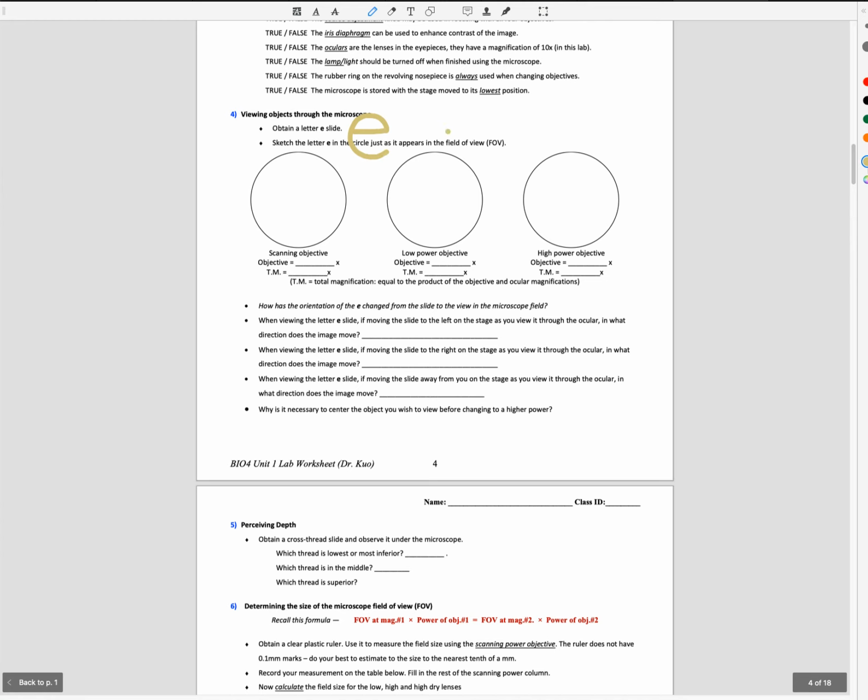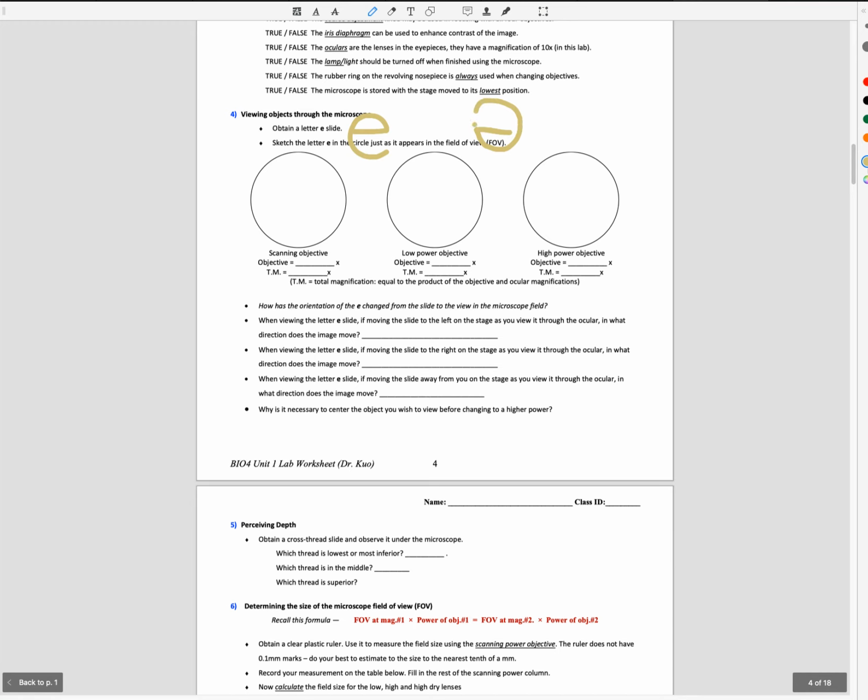But when you look through the microscope, somehow the E becomes inverted, or not just inverted, inversed. Essentially just take this E and rotate it 180 degrees. So you just flip the paper upside down. This is what you're going to see.